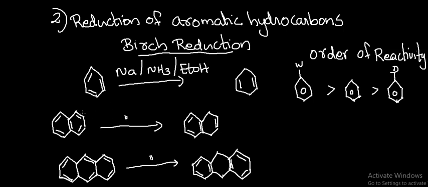For example, benzene in the presence of sodium, liquid ammonia and ethanol will be converted into a diene, 1,4-diene.